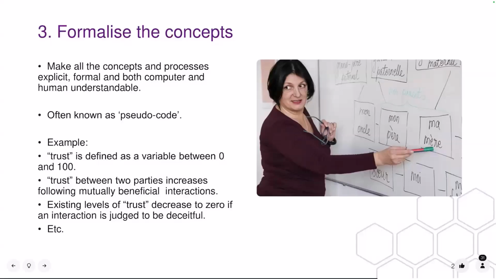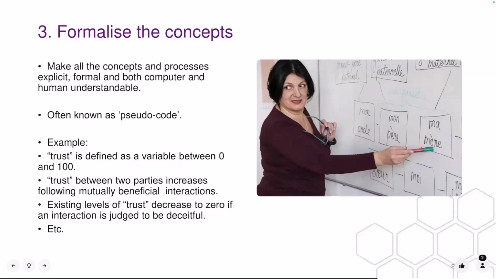For example, maybe your research question focuses on trust, which is a very social sciencey sort of concept. If your goal is to get a computer to be able to measure trust or to model it or represent it in a simulation, you're going to have to think about how you'll define it in a way that a computer would understand. So, you could define trust as a variable between 0 and 100.